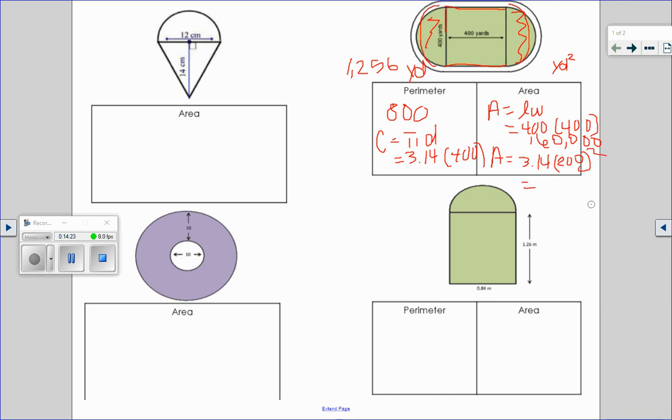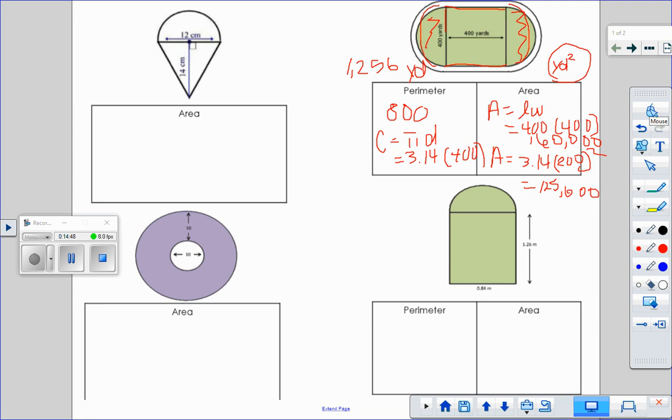If you did it the other way, you are still correct. 200 squared times 3.14 is going to be 125,600. These numbers are real bad. And it's yards squared. Okay? So we're going to continue on. Go to the next page in your notebook.